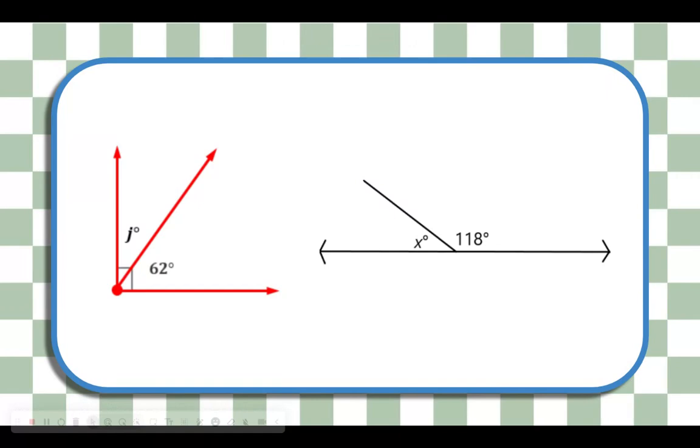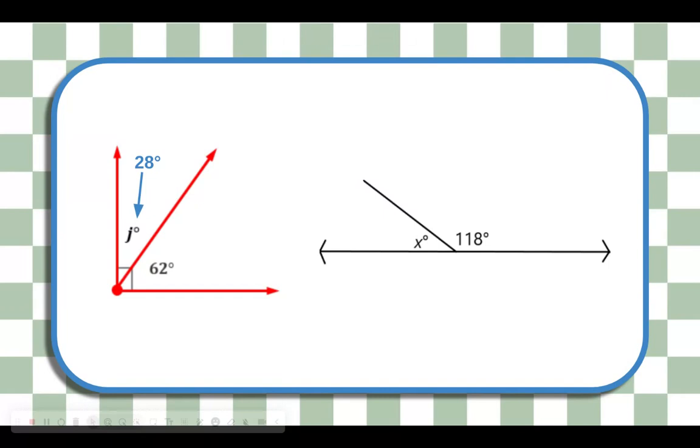So it might look like it's split in half, but it's not perfectly split in half. You can see the bottom part's bigger than the top. So it's telling you the bottom part is 62 degrees. The top part is J degrees, so that's a mystery. If you want to find what J equals, you just have to do 90 minus 62, because it's a right angle minus the 62, and 28 is what's left.